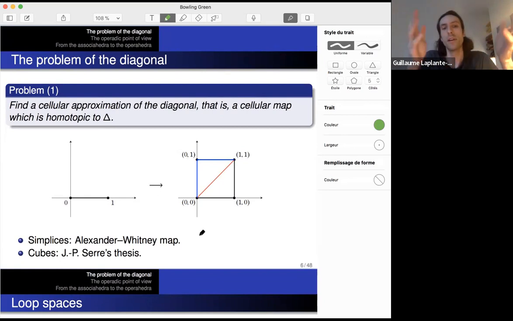When you do this on cubes, when Jean-Pierre Serre wanted to study fibered spaces, he needed cubical cohomology, and he needed a cellular approximation of the cubes, and this was not really necessarily hard to define. But we'll see that for more complex polytopes, this can be more complicated.